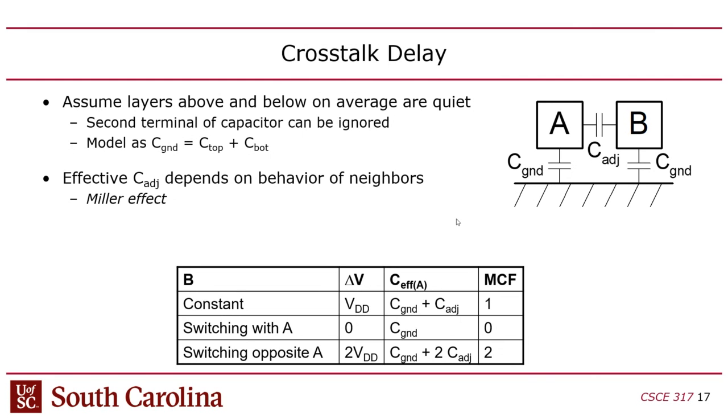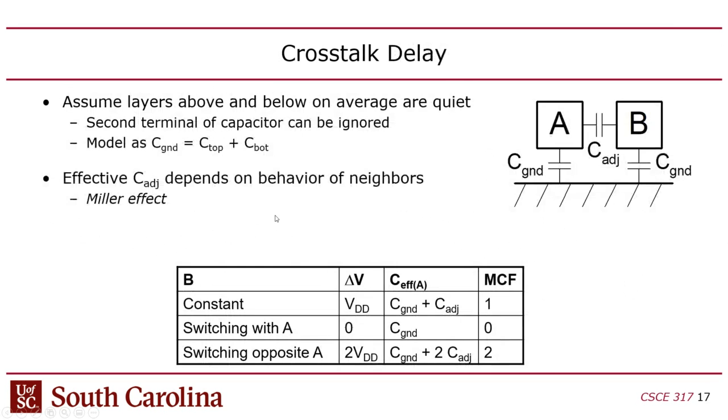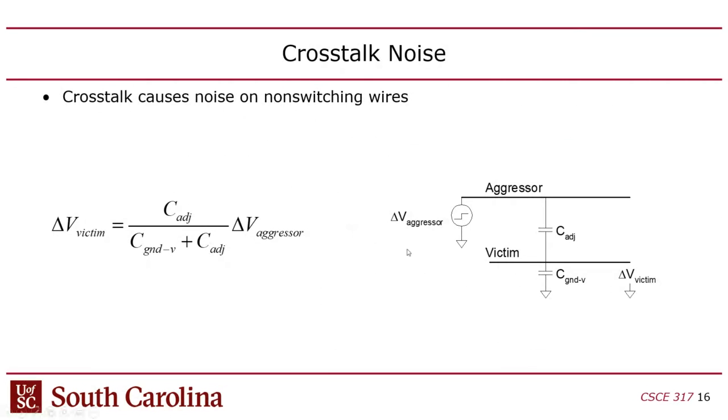So if you've got one wire like I described, which is what's shown in this picture, where the victim is at ground and the aggressor is going from 0 to 1, then the delta V of the aggressor is going to be basically VDD, right? However, the aggressor might be going from 0 to 1 and the victim might be going from 1 to 0. They might be switching opposite from one another.